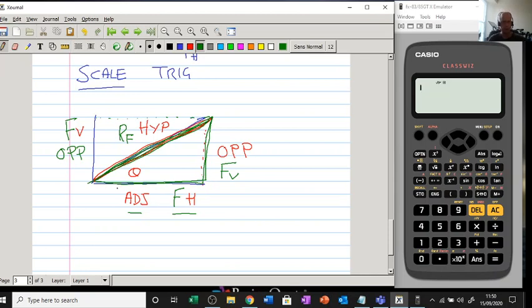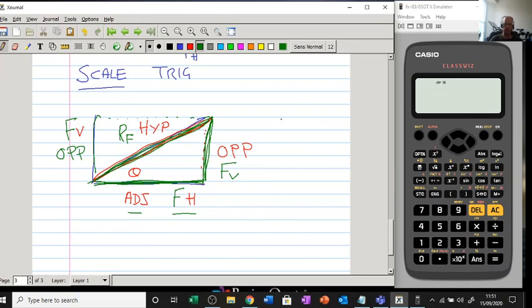So if I can work out this adjacent length, which I can because I know the angle, and I know this hypotenuse, I can use SOHCAHTOA to work out the length of this adjacent. That will give me my horizontal force. I can also use the same trick to work out this opposite side, which is the same as this side, which will give me my vertical force.